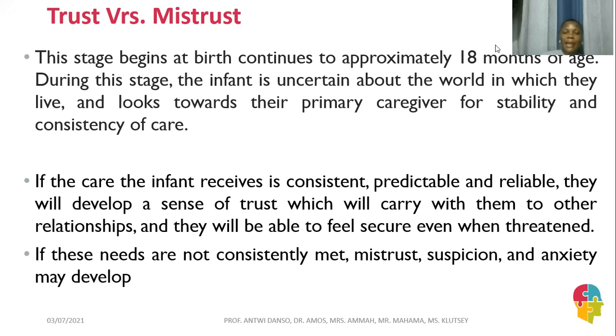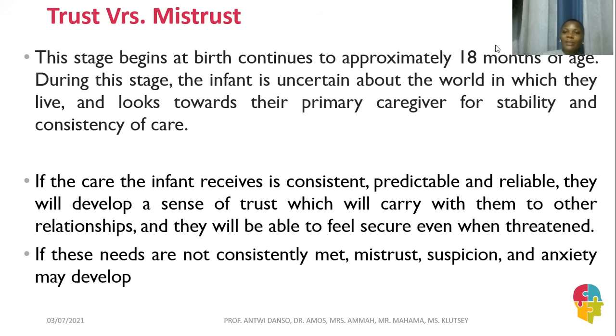And so they depend on their primary caregiver, in which case their mother, their father, their auntie, whoever it is that is giving them care for all their needs and for stability and consistency of care. So if the care that the child receives is consistent, predictable and reliable, they develop a sense of trust, which will carry them towards other relationships, so they feel secure.